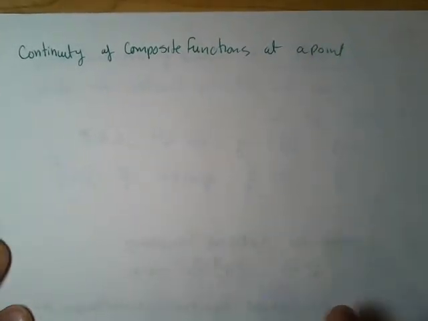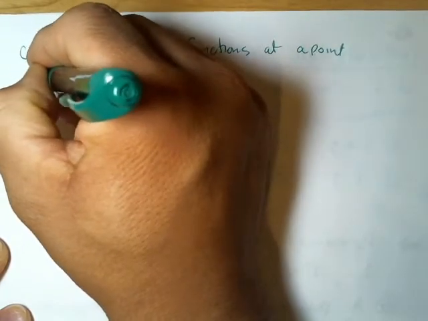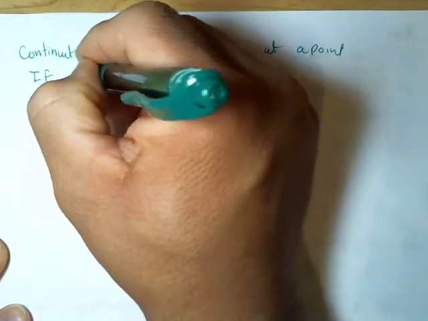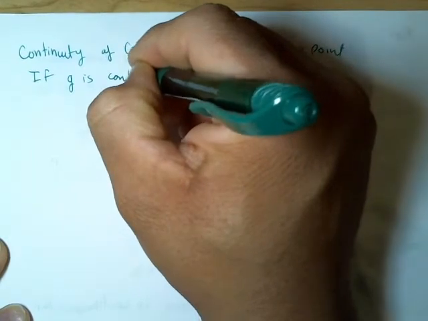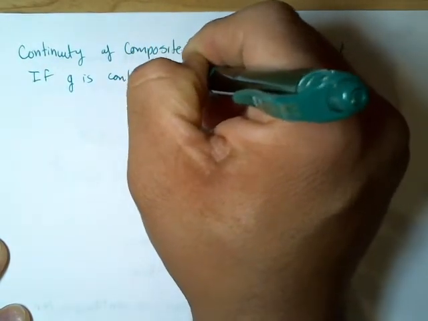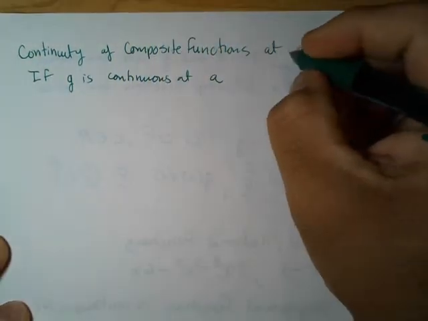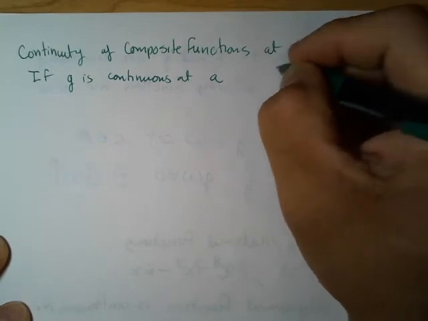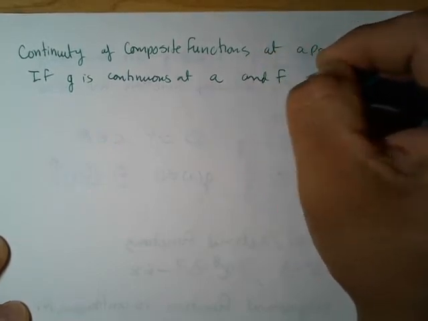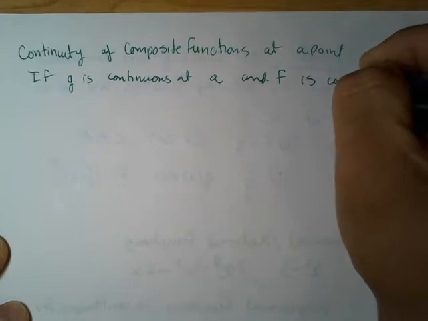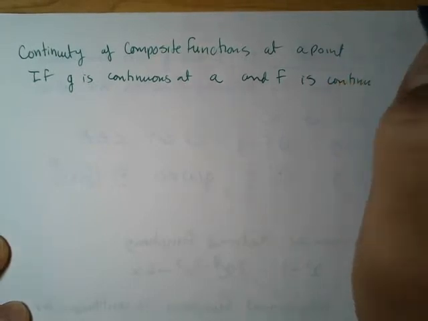Okay, so if g is continuous at a, and f is continuous, now this one is a little bit tricky.